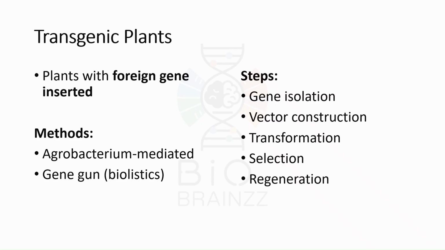Two main methods are used: agrobacterium-mediated transformation and gene gun method. After gene transfer, only the successful transformed cells are selected and then regenerated into whole plants using plant tissue culture technique.